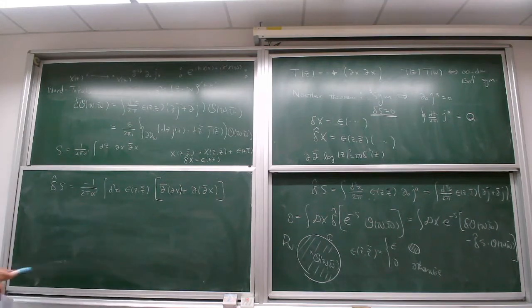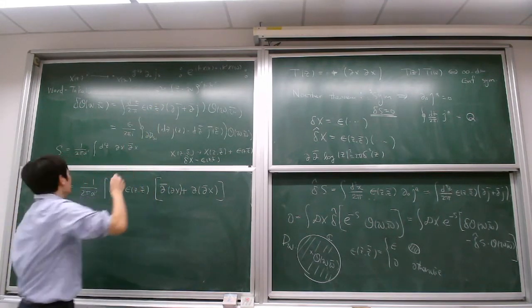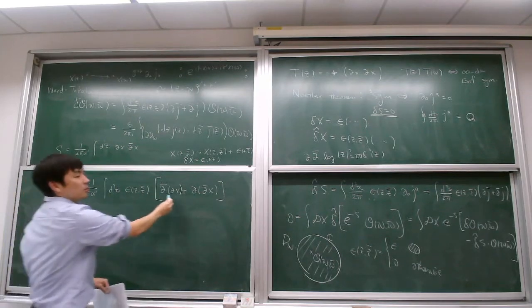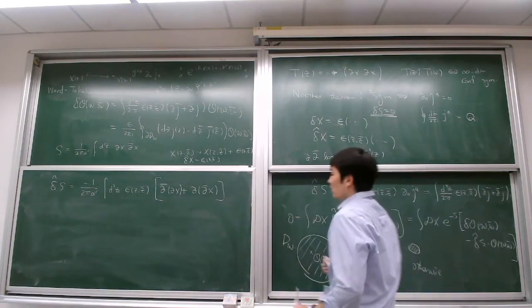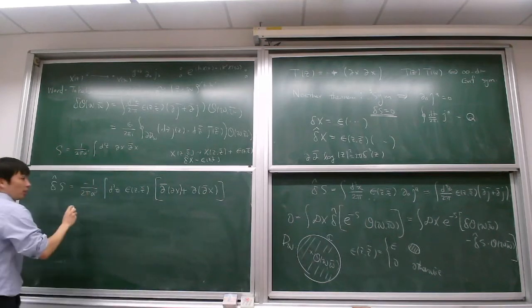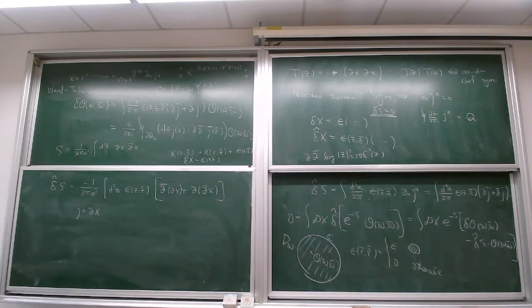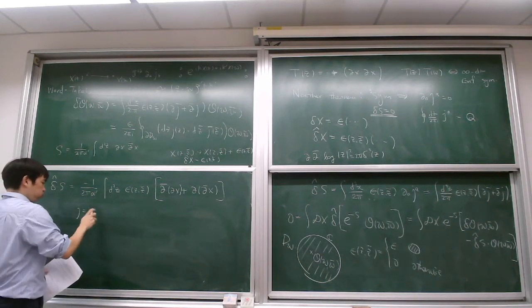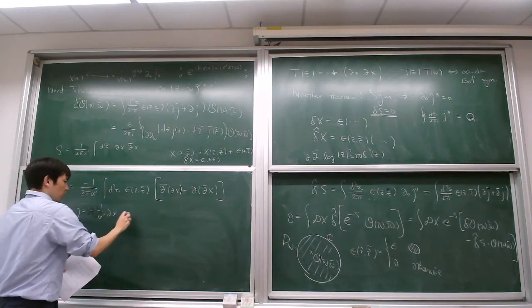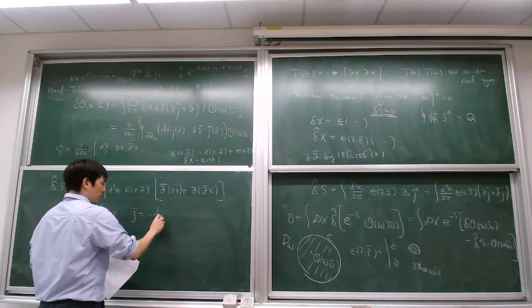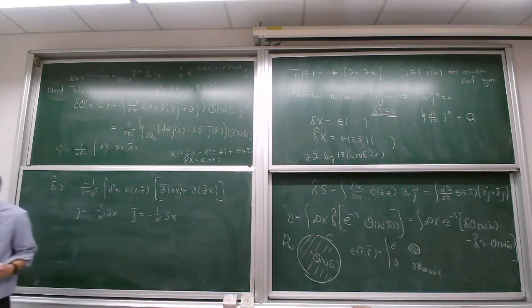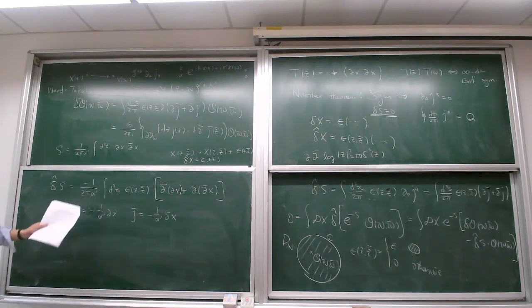So now comparing this one and this one, you can easily confirm that J is equal to this one up to some constant. I'm not going to write it. J bar is minus 1 over alpha prime partial bar X. So this is the holomorphic current and the anti-holomorphic current for this translation.